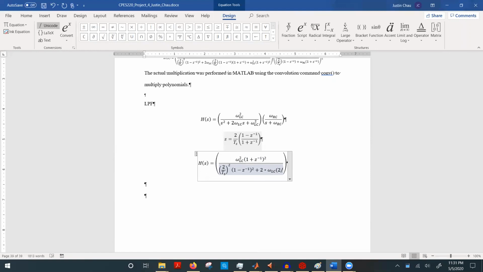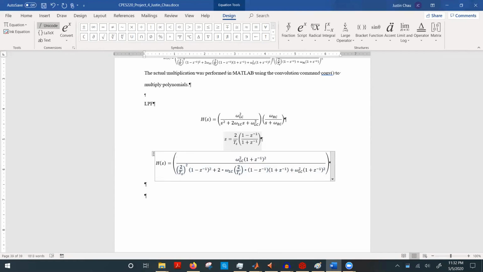So for the S, we're going to have 2 over TS multiplied by the numerator, 1 over the denominator, 1 plus z to the -1, and then plus omega LC squared. This is going to be the numerator, squared.